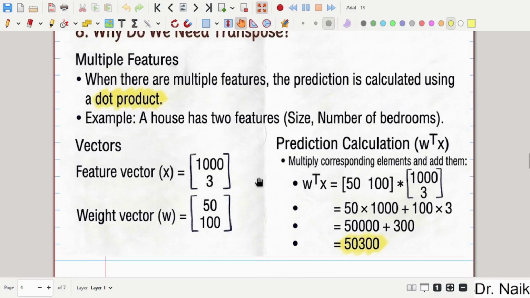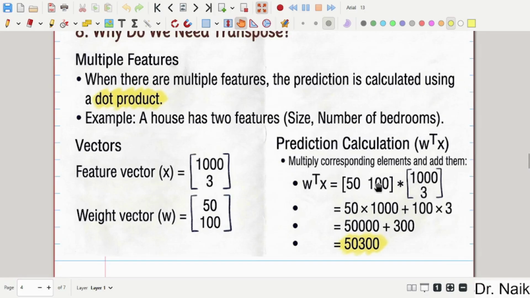Then we will calculate the prediction as W transpose x. W transpose, because in this example we have multiple features. Here we have two features.